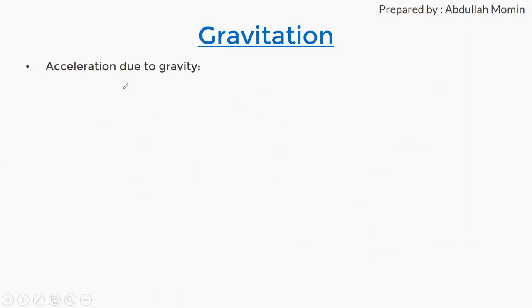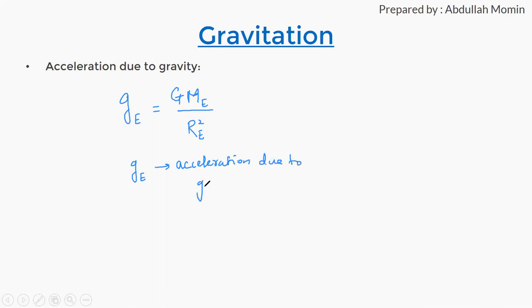So now we have the formula of acceleration due to gravity exerted by the earth as g equals capital G capital M upon R E square. So what is small g? That is the acceleration due to gravity, due to the earth's gravitational force.